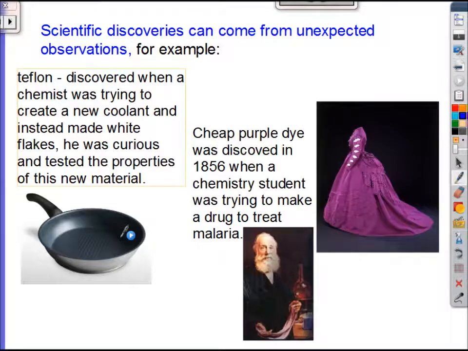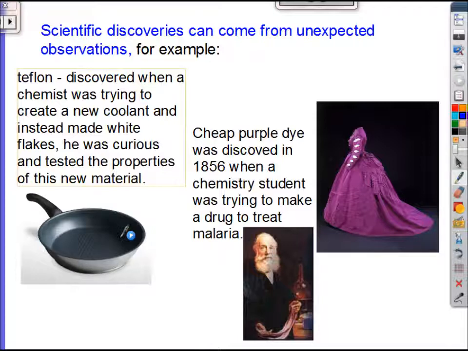Another well-known example, maybe not so well-known, but a pretty important discovery, happened in 1856. Back then, coloring for clothes was very, very expensive. Most common people just had their gray or standard colors you can make from wool or from cotton. They weren't able to actually dye them.